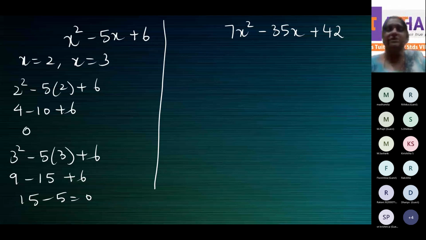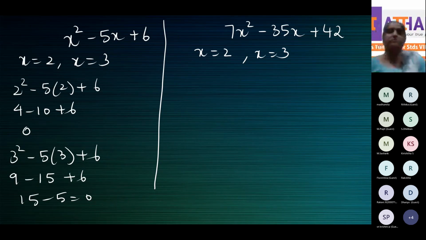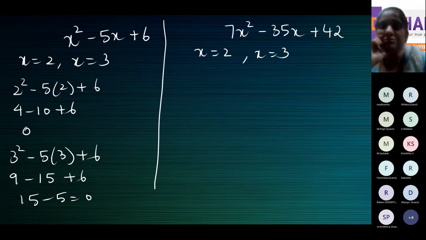Now I have written something here. Use the same values 2 and 3 and tell me if the value of this polynomial is 0 for both 2 and 3. Do it in your book. I'm not doing it. You do it and tell me. For this one, when you use x equal to 2 or 3, the value of the polynomial should be 0.